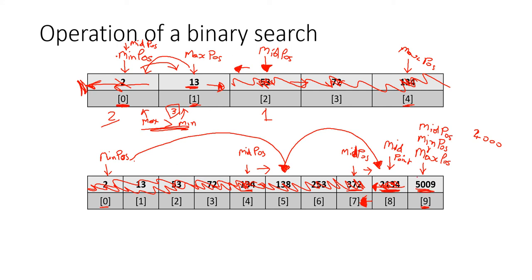No. Our number is less than that, so we're going to discard everything to the right. There is nothing to the right, of course, but if there was, we would be discarding everything to the right and moving max pos. So it must be to the left of here. The max pos moves to that left position.